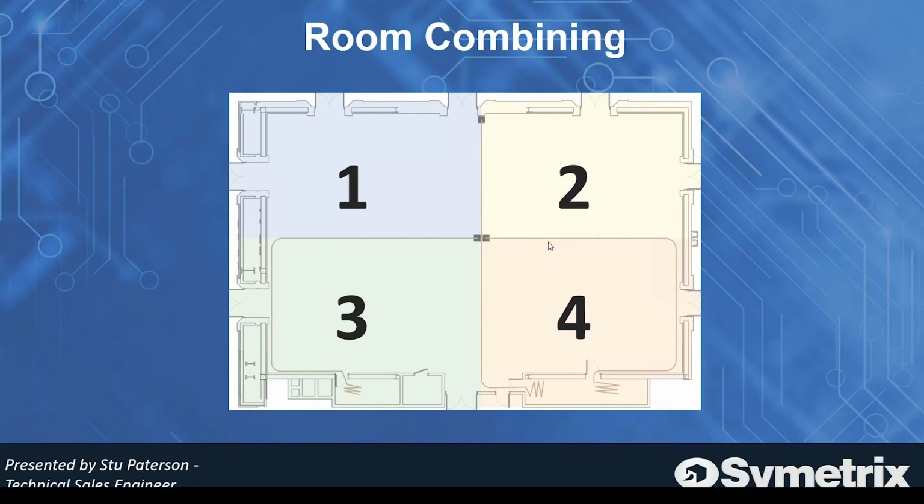On my screen right now, you see a combinable and configurable room with 4 separate locations, but it's just one large room. Effectively, there are movable walls that separate them into 4 compartments. And with room combining, we can have that configured any way we want.